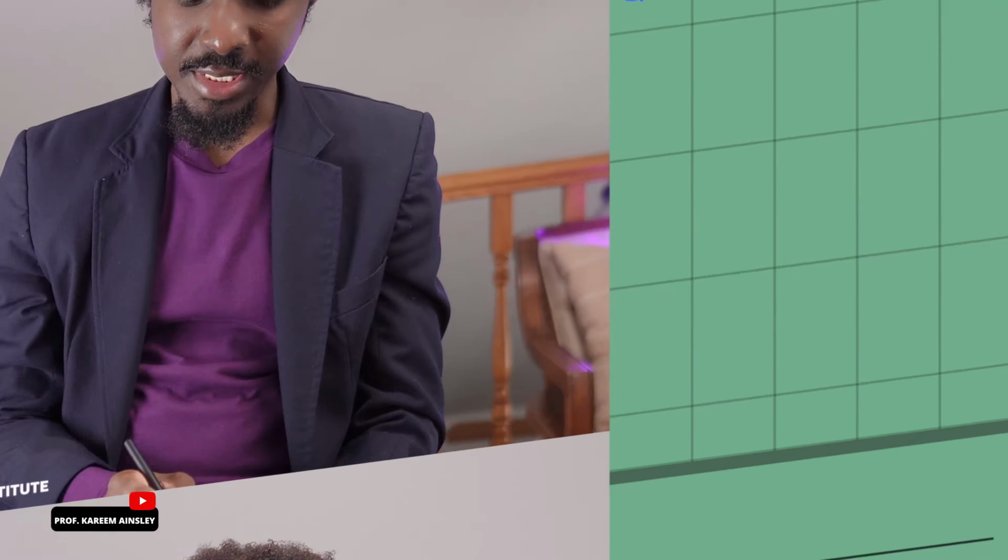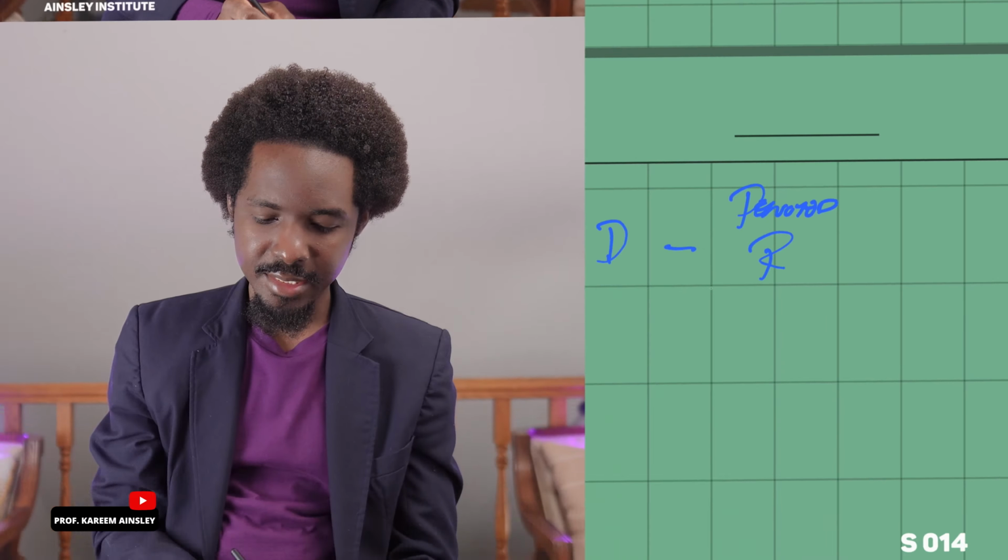So we have the D antigen, and the D is represented by R. All right. So if R is present, then we know that there is a D. If there is no D, then the R is not going to be capital, all right?